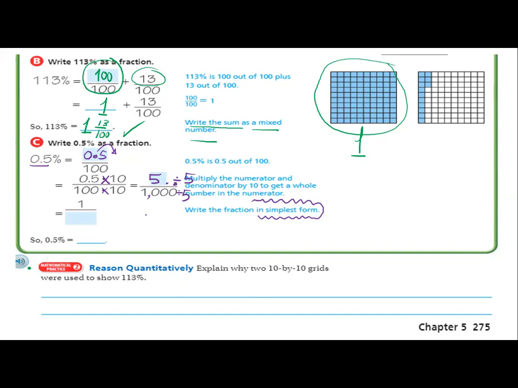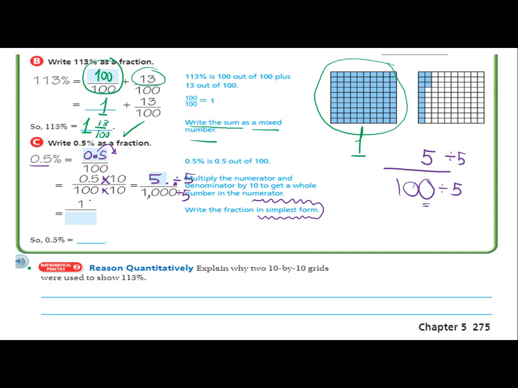Guys, you need to remember the simplest form rules. If you see 5 up and any number with 0 down, like 100, like 1,000, divide both of them by 5.